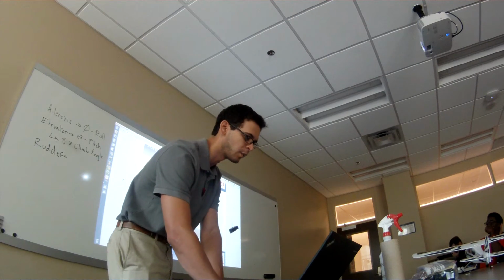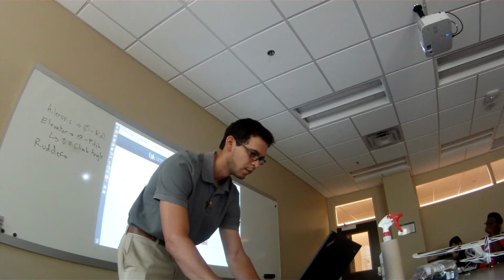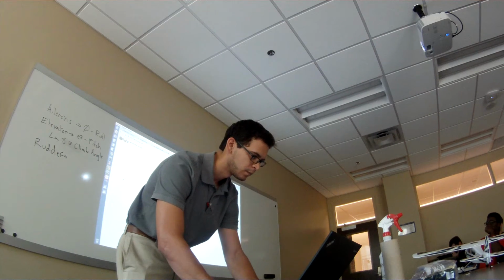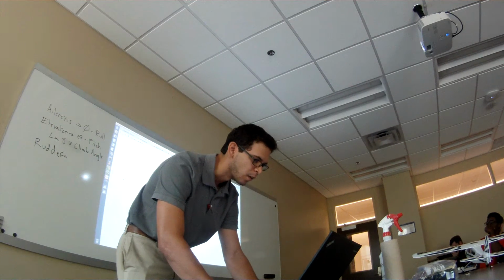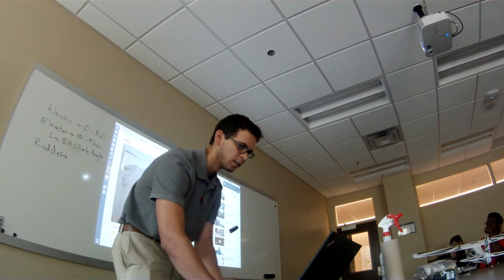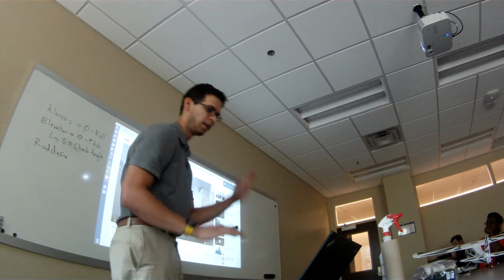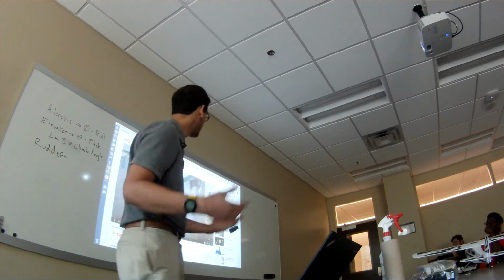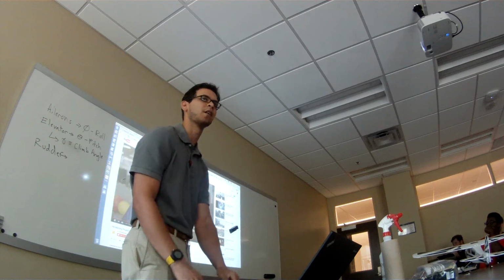Have you guys seen the Google Wing project? Or I guess Project Wing. So it takes off vertically just like this, and then it slowly transfers to forward flight. I'm just trying to give you guys ideas for different types of aircraft that you can make.